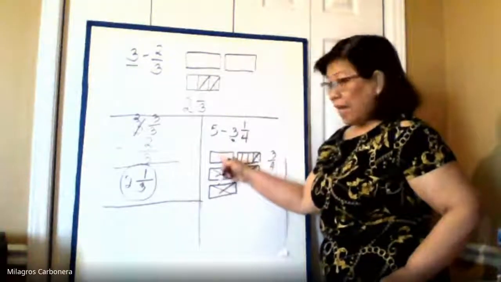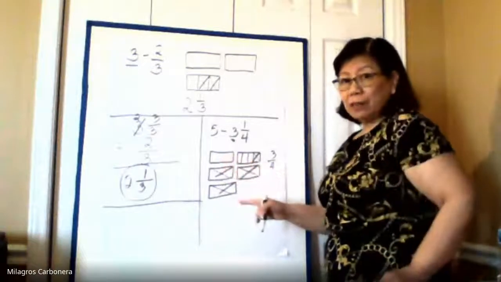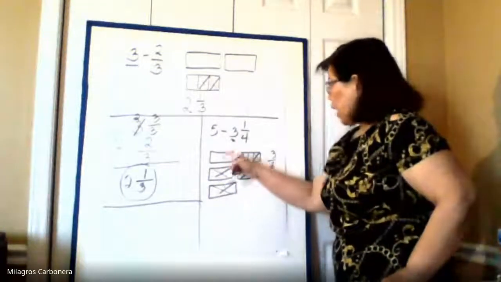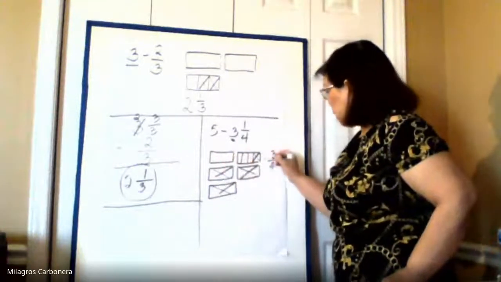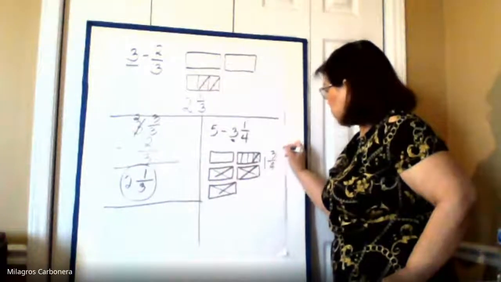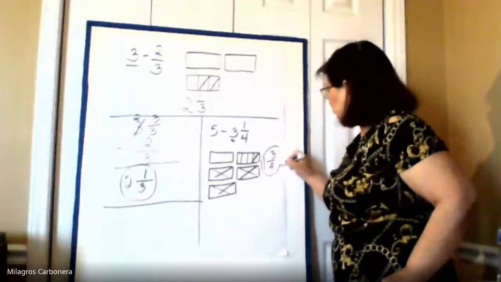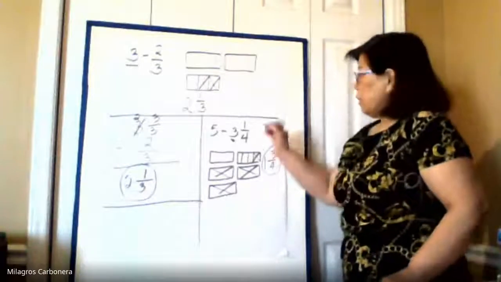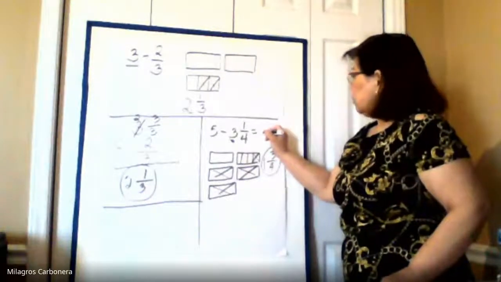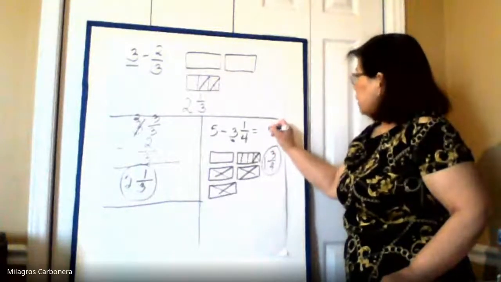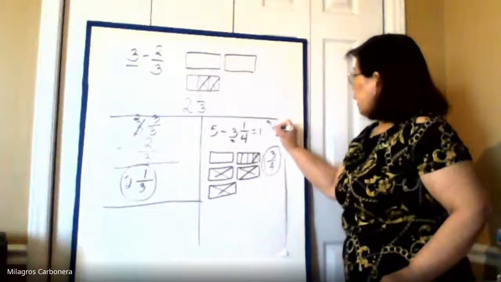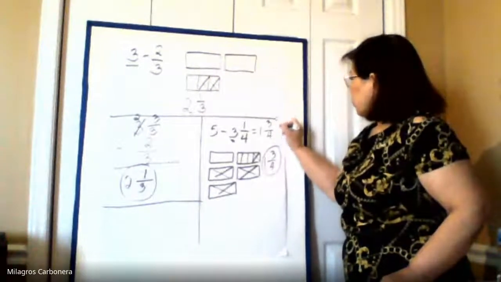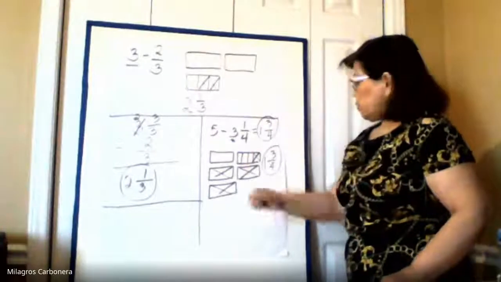And I still have 1 whole rectangle left over. I am going to copy that 1 whole rectangle in front of my 3/4. So I have now 1 and 3/4. So therefore, 5 minus 3 and 1/4 is equal to 1 and 3/4. Okay? This is using a picture.